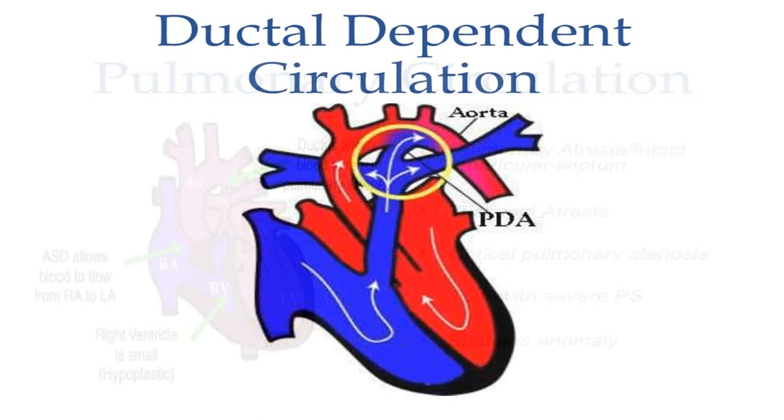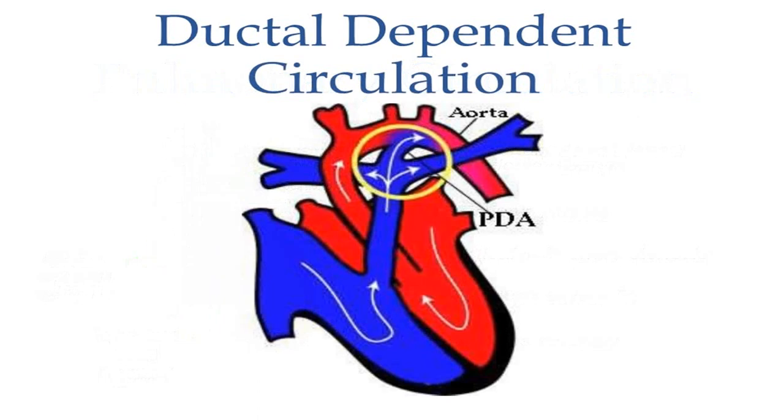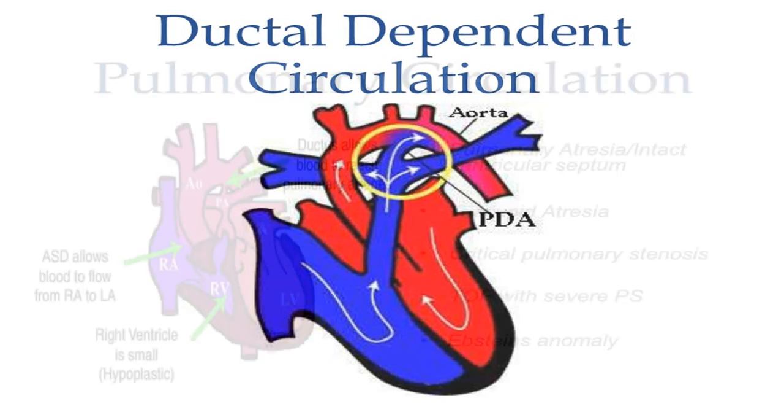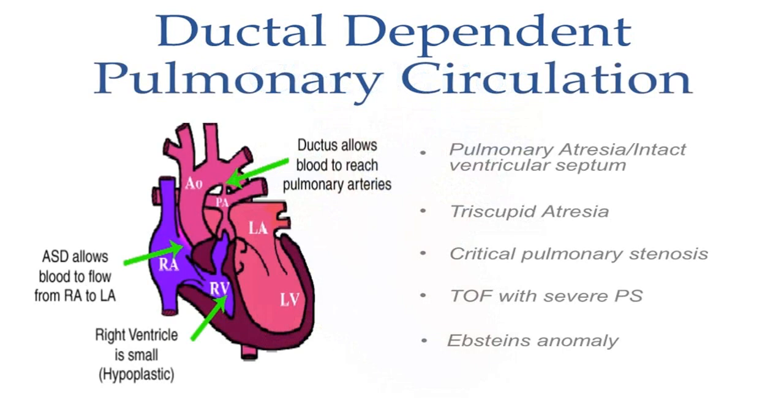In all these conditions, you require blood flow from systemic into pulmonary via a duct, and that is absolutely necessary. And if that is not there, the child cannot survive.